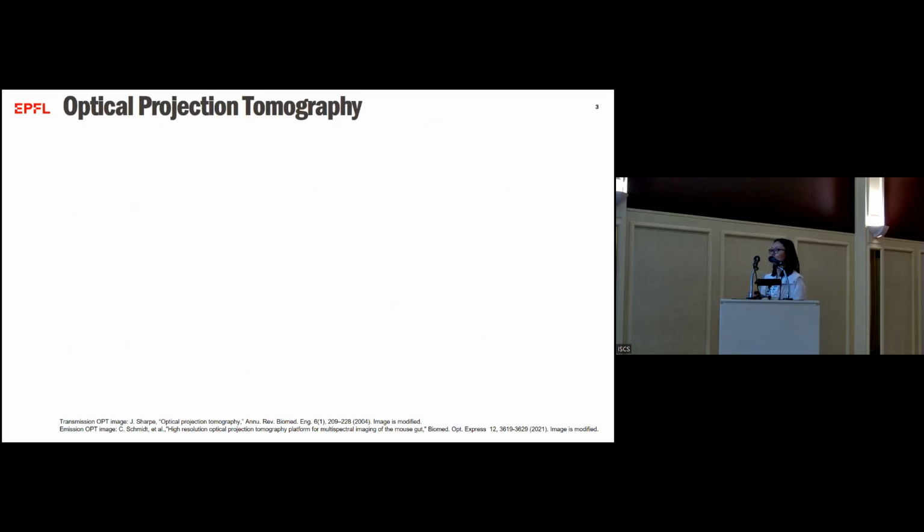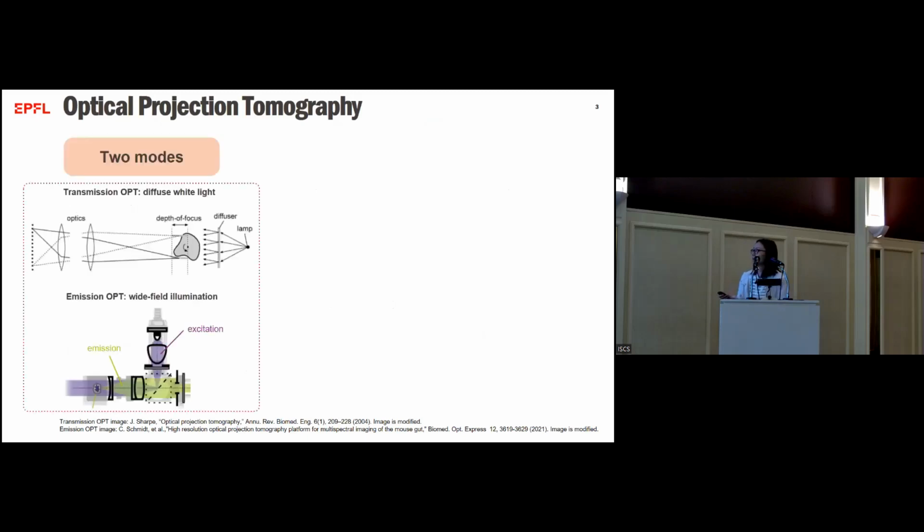The modality I'm going to talk about today is an optical analog to X-ray CT. It's called optical projection tomography, or OPT. Similar to X-ray CT, OPT can work in a transmission mode where we use diffuse white light. But additionally, OPT can also work in the emission mode, which means we can use wide field excitation light to illuminate a fluorescent sample.